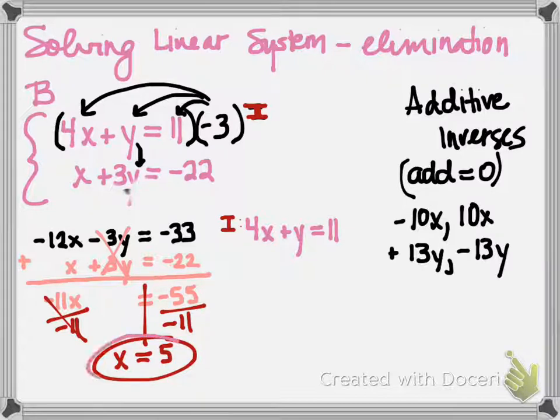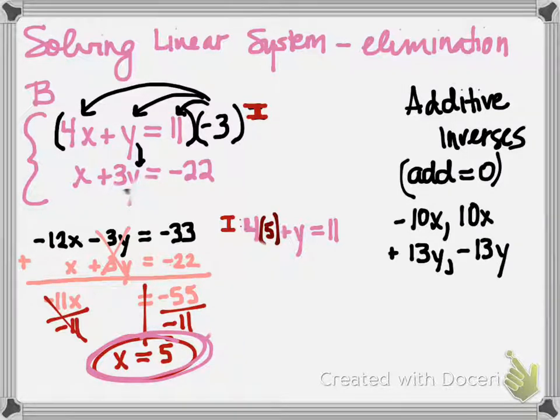But we just said that x has to be 5. So I'm going to take out that x and put in that 5. Go away, x. Oh, let me fix that little 4 real quick. So 4 times 5. And then I'm going to go ahead and solve for y.